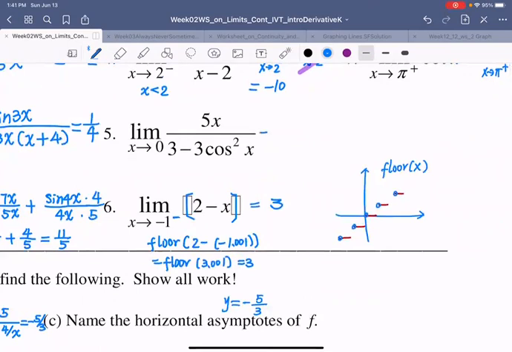Okay, so I think you can factor out 3 from the denominator, and then after that change 1 minus cosine squared x to sine squared x. And then after that, x over sine x is 1. So it's like 5 over 3 sine x.